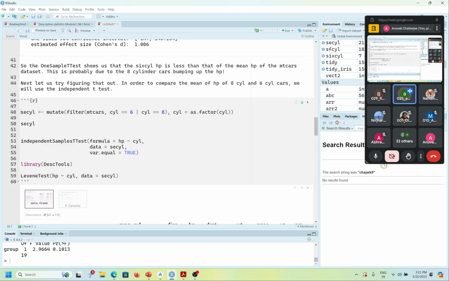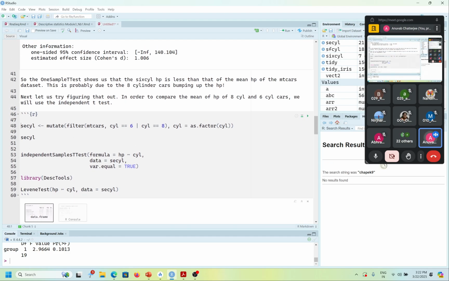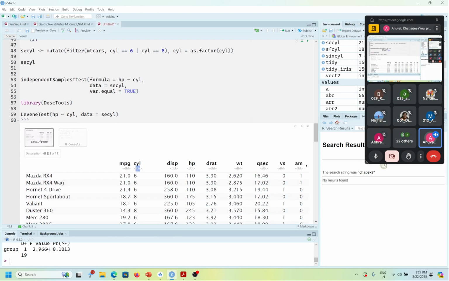As I said, for the t-test, factor variables are essentially just names that correspond to particular values. Similar to heads and tails, and the number of times heads and tails occurs. Similarly, what is the value for 6-cylinder, and what are the different parameters associated with 6-cylinder engines?